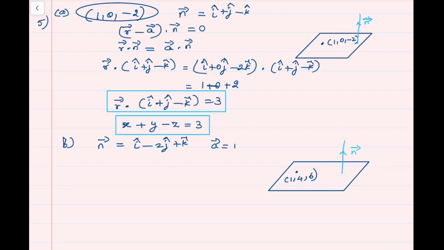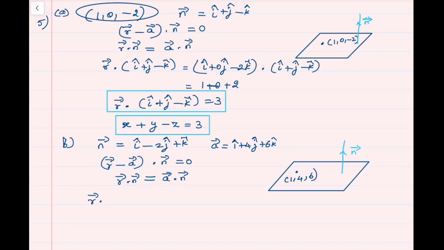And the point vector is 1i plus 4j plus 6k. Let us write the equation of the plane. This is also a direct question. Vector r minus vector a dot vector n is equal to 0. Let us distribute. Vector r dot vector n is equal to vector a dot vector n.